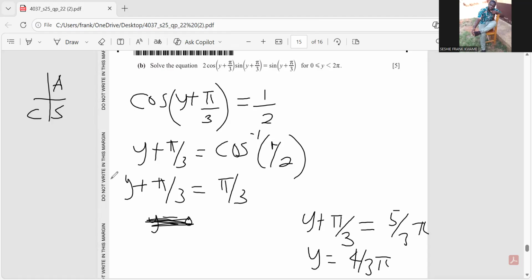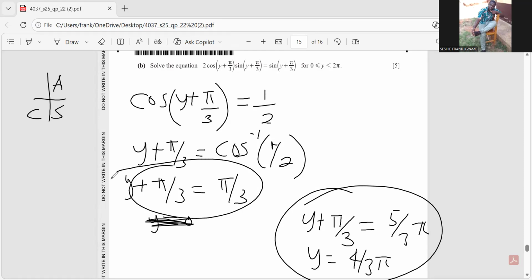So if you look at pi over 3, this one again plus 180, that's plus pi. I'm going to get 8 over 3 pi. This one is 0. So if I add again plus pi, I'm going to get 8 over 3 pi.